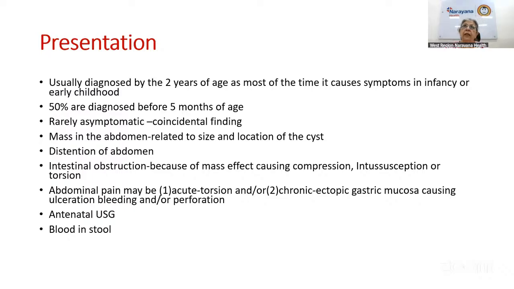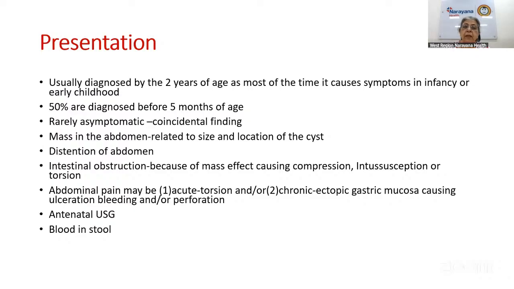How did the child come to us? Usually these children are diagnosed before the 2 years of age because these duplications are usually symptomatic, and in most of 50% of the children, you diagnose them before the 5 months of age. It is a disease of the infancy.